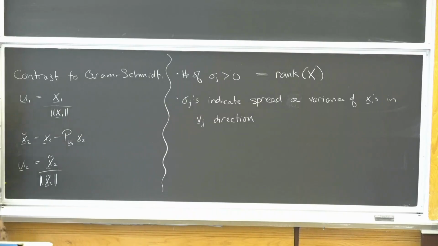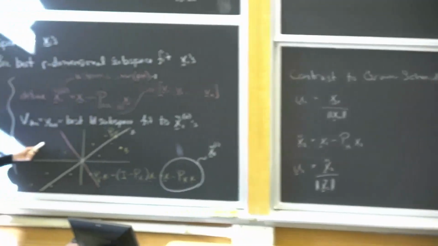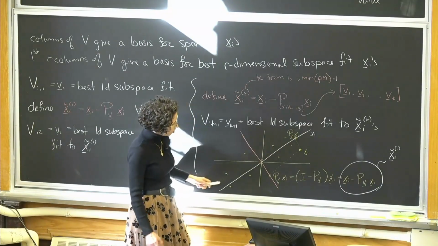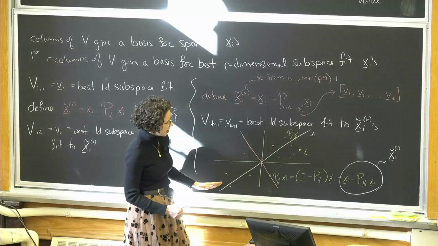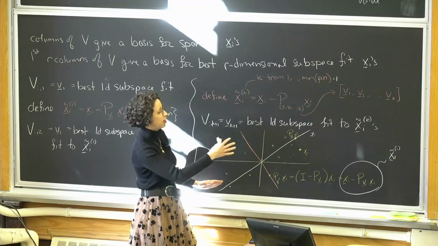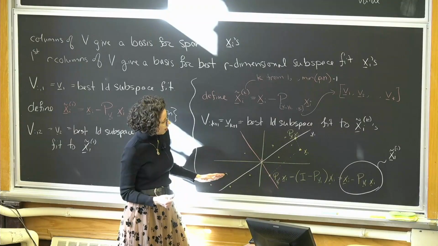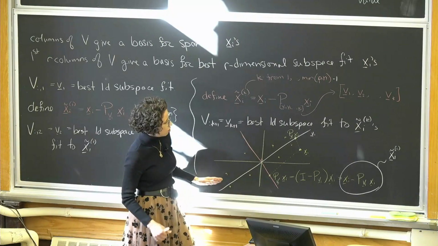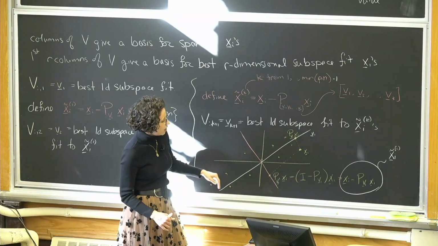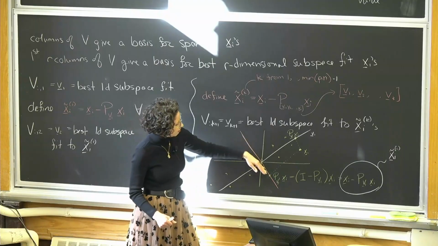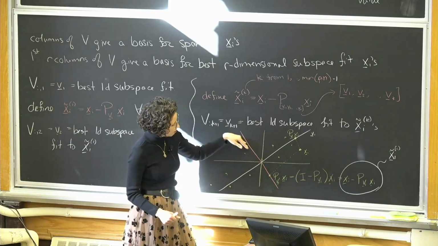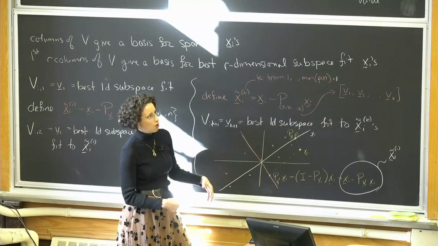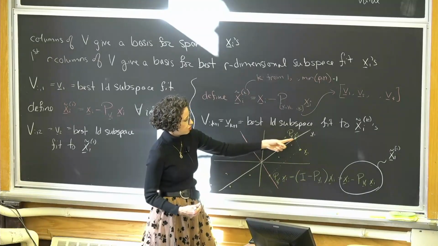So if I go back to our little picture here, the first best 1D subspace fit is going to be going in the direction where the xi's are varying the most, exactly like your question. And the bigger sigma 1 is, the more variation we have. Then our second singular value is going to tell us for our second basis vector how much variation there is in that direction. And so we've already peeled off the direction of most variation with V1.